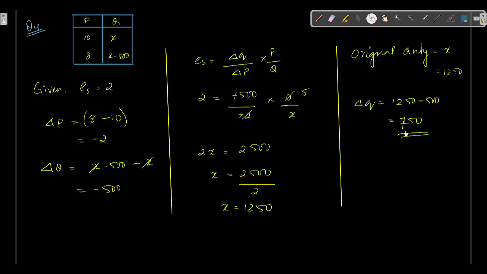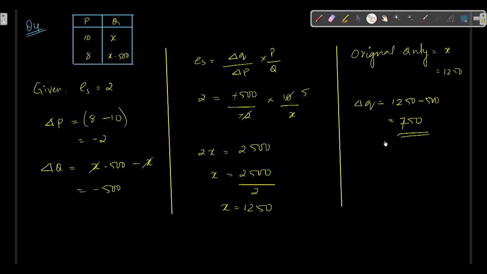In this question we are asked to find out the fall in quantity, not the original quantity. So if you write 1250, your answer won't be correct. You have to find out the delta Q. So 1250 minus 500 is equal to 750. So this is the answer.